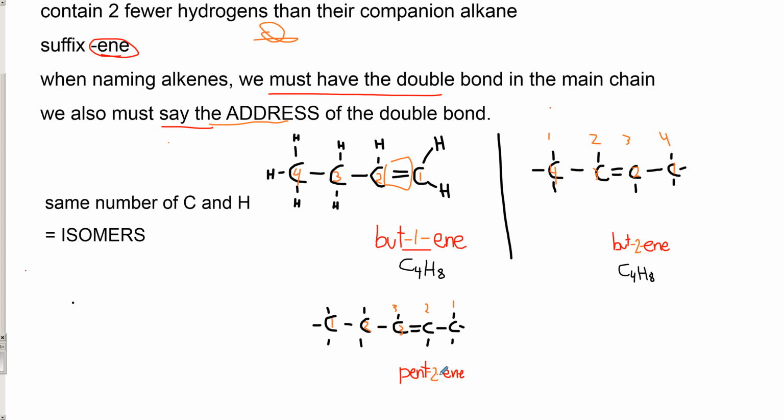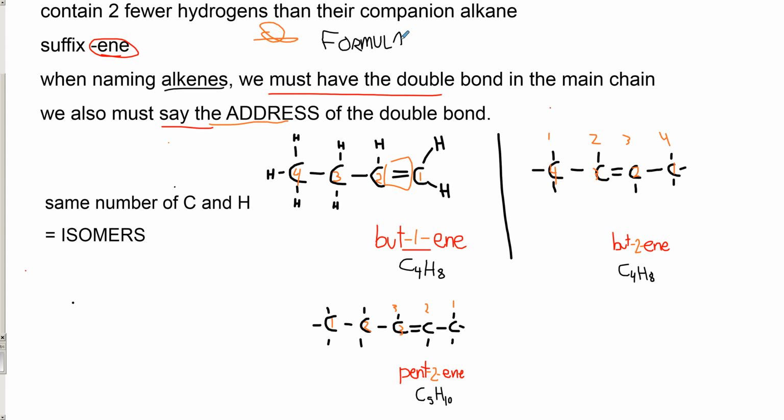Let's do a quick add up of all of the C's and H's in here. So 1, 2, 3, 4, 5, 6, 7, 8, 9. We got 10 H's and 5 carbons. So C5H10. So for an alkene, the formula follows a pattern.